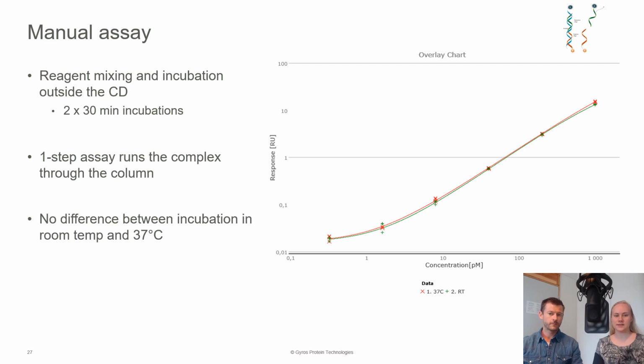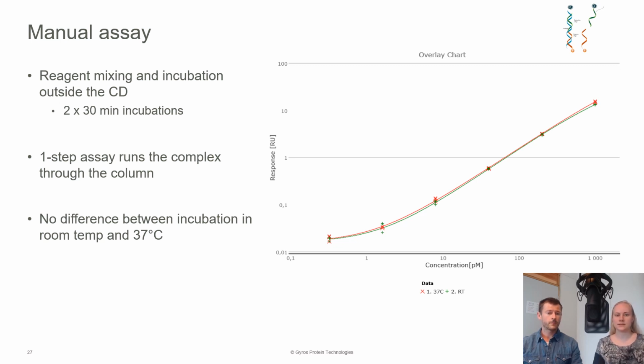Perfect. So let's talk about the results we generated on the dual hybridization assay. For the manual assay, where we did all the reagent mixing and the incubation outside of the CD and the Gyrolab, we had 2 times 30-minute incubations. We incubated the capture reagent and the analyte for 30 minutes, and then added the detection reagent to that mixture and had another 30-minute incubation.